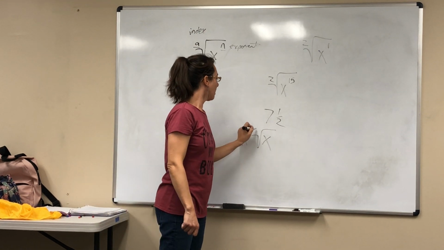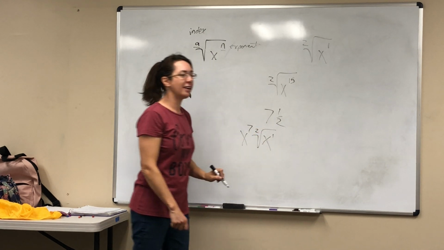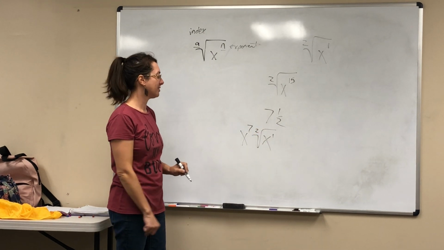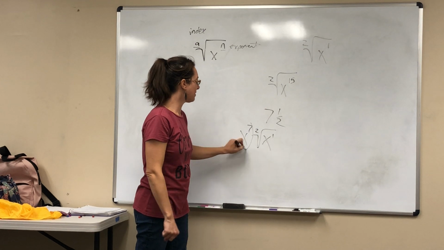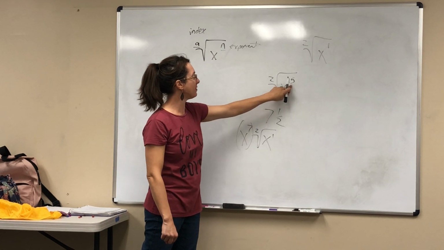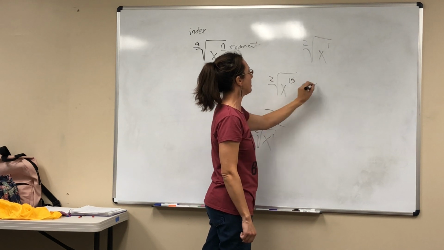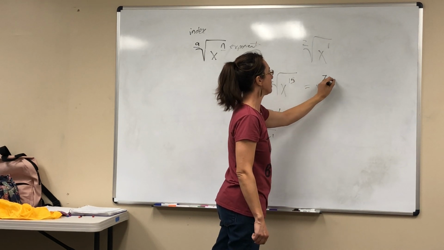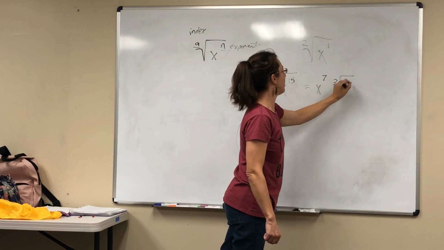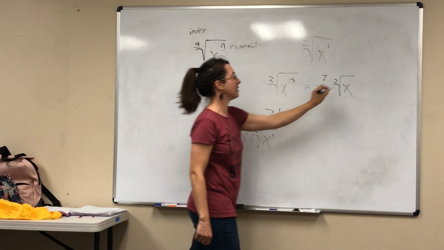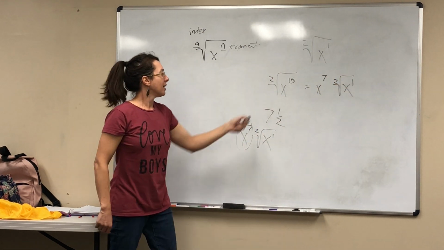Do you see a half in there? So we had the square root of x to the 15th, simplified down to, we did 15 divided by 2, so we said we had 7 groups, and we had 1 left over on the inside. You do the 1 divided by 2.